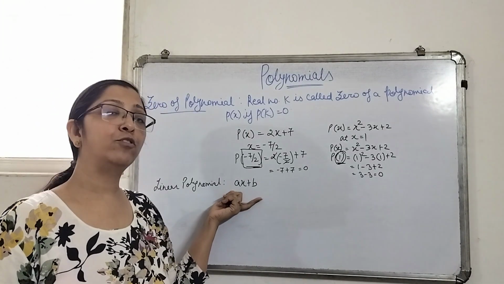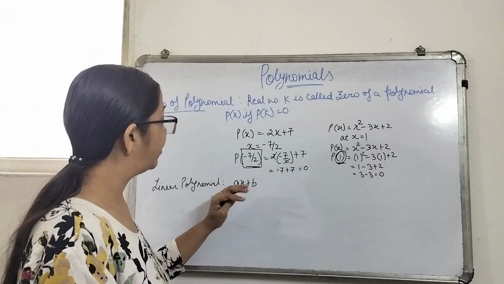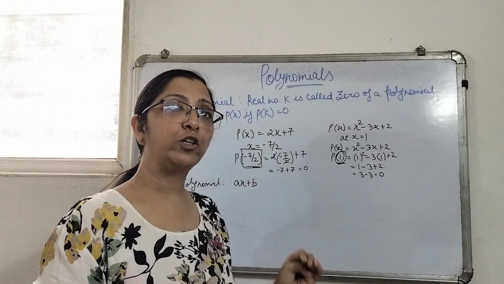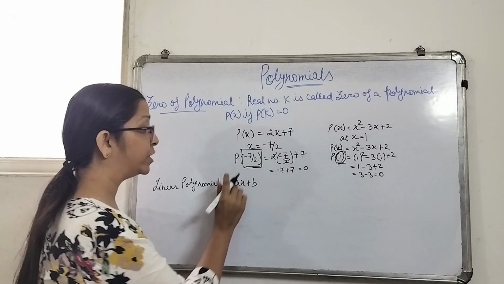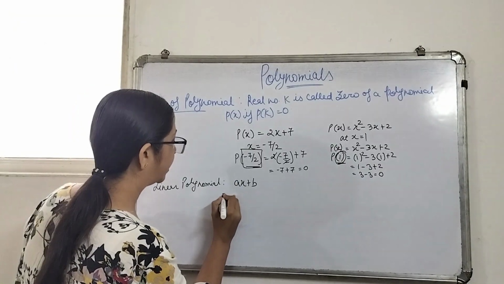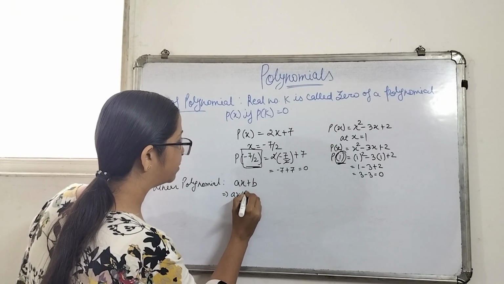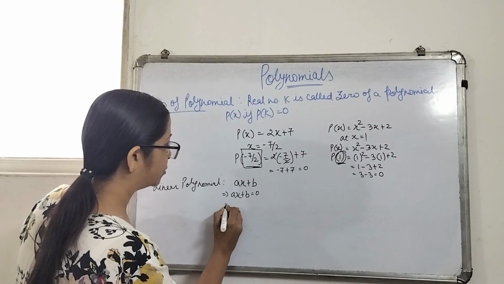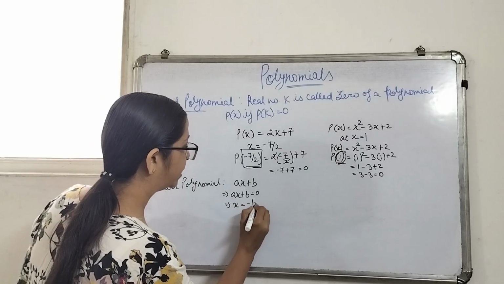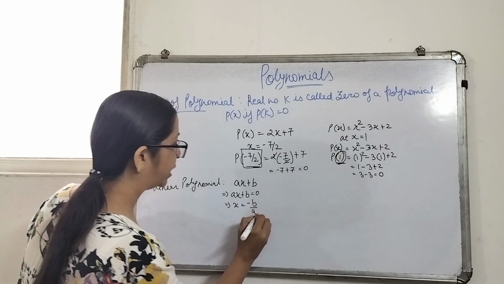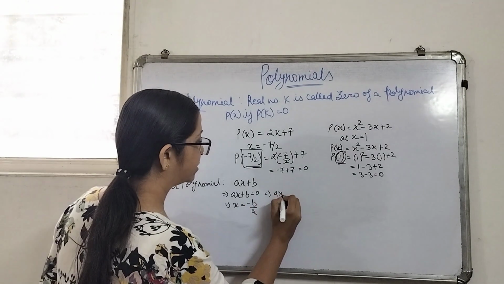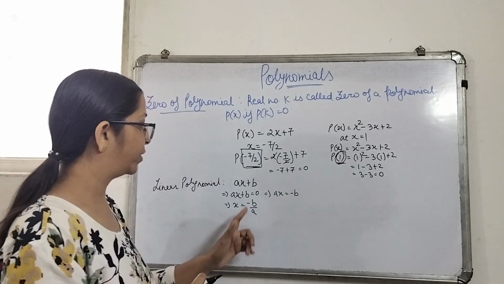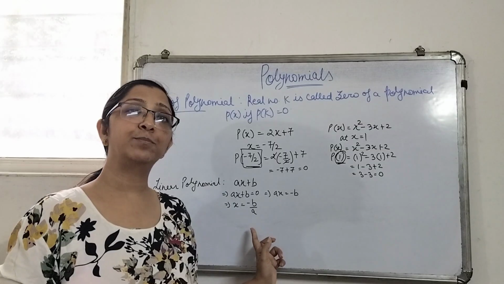How do we get the zero of this polynomial? For finding this, the value of the polynomial should be 0. So we put ax plus b equal to 0. So ax is equal to minus b, or we can say x is equal to minus b by a.